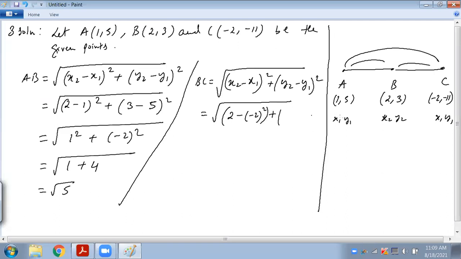Plus y2 is 3 minus y1 is minus 11. Now solve this.